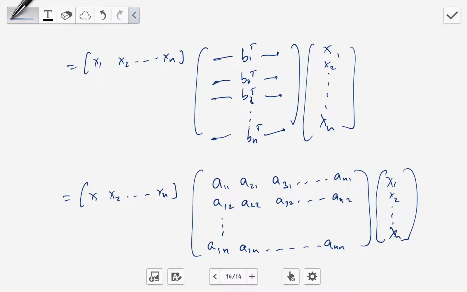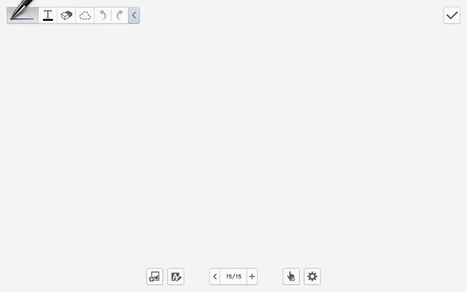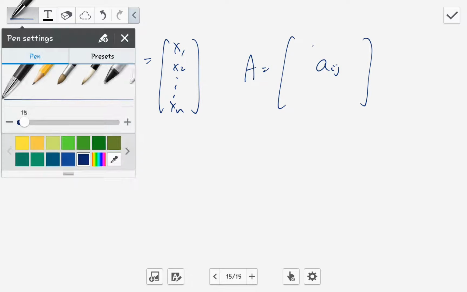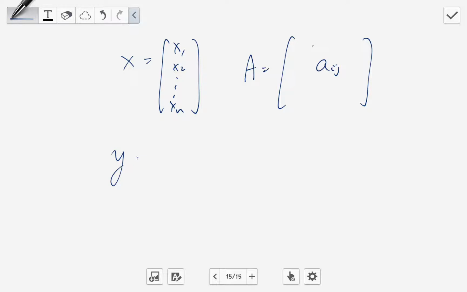Now we have x as x1, x2, so on up to xn. This capital A is whatever that a_ij matrix was. And then we have this quadratic form as the famous form x transpose Ax. Nice.